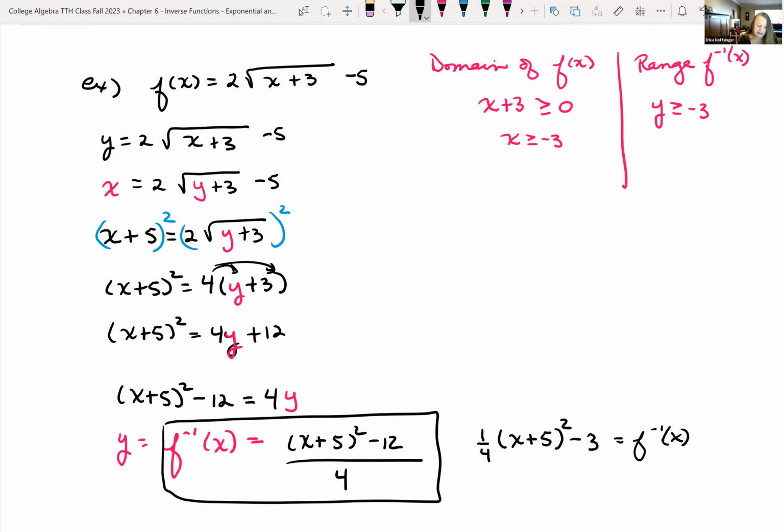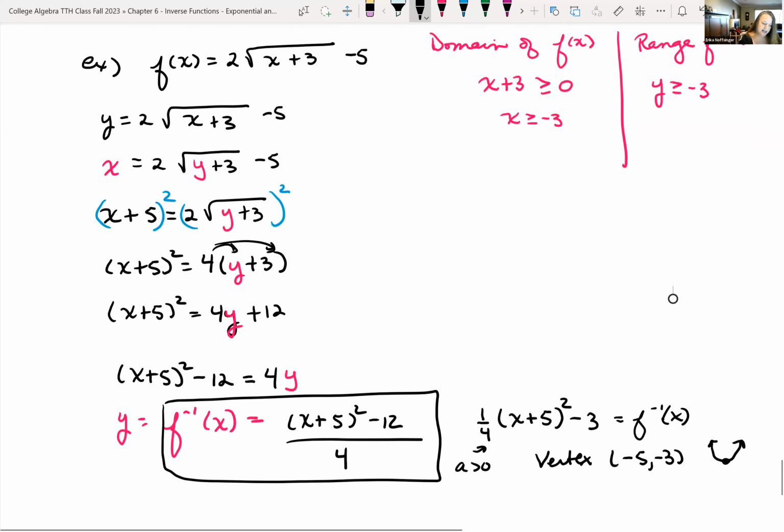It's in that vertex form. Our vertex is -5, -3. Our value of a is greater than 0, so I know our parabola faces upwards. So this point here is -5, -3.